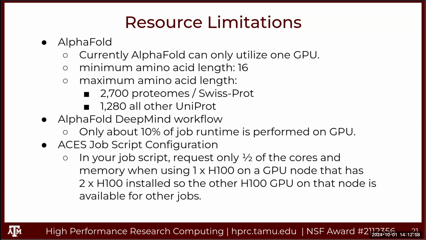So if you run the AlphaFold workflow, basically, if you were to launch it on a GPU job as one single job, 90% of the processing is done on CPU, and just the last 10% is done on the GPU.